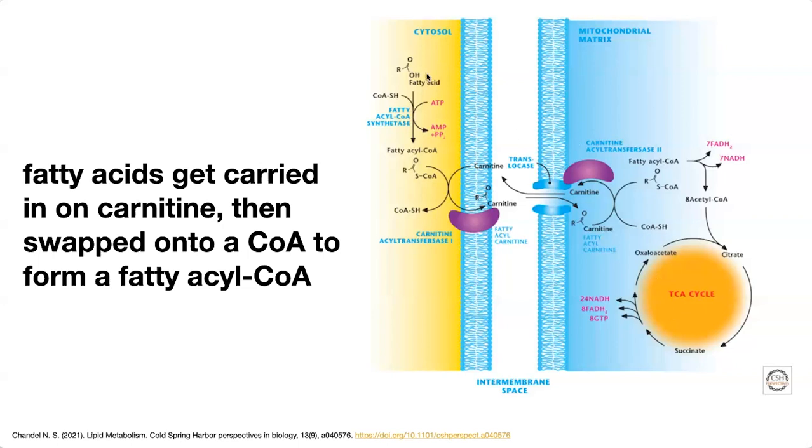So what happens is you have this fatty acid in the cytosol. Fatty acyl-CoA synthetase is going to hook that fatty acid onto a CoA handle. It's then going to swap that from the CoA onto carnitine. This is done with this enzyme carnitine acyltransferase, or CAT1.